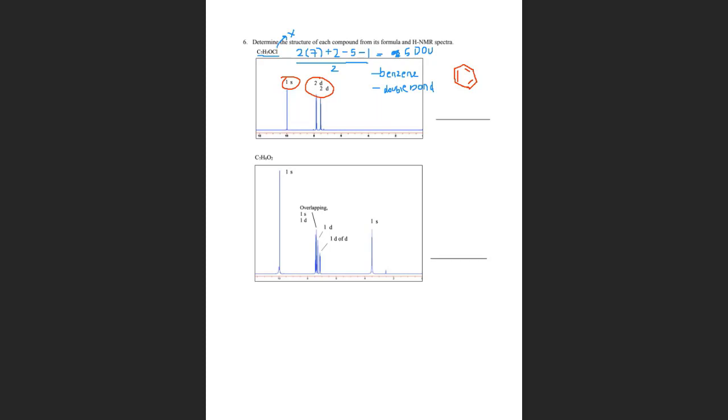The other thing we have to do is figure out where the 5th degree of unsaturation goes. And in our structure so far, we have 6 carbons, so we need to account for 1 more carbon.